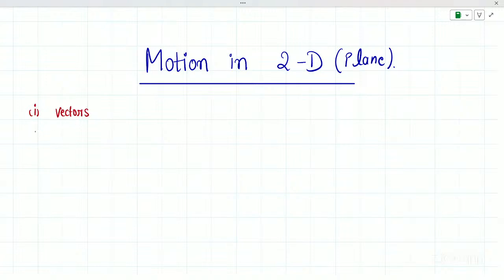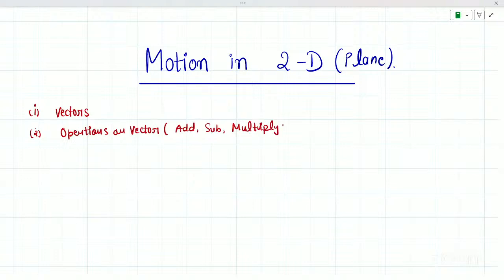Then, secondly, we will discuss addition and subtraction, or specifically, operations on vectors, which include adding of the vectors, subtraction of the vector, multiplication of the vector.